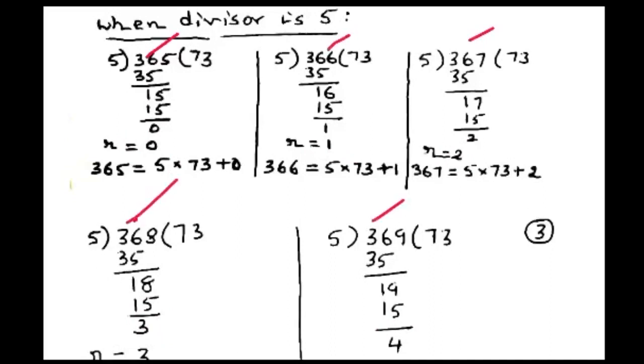When these numbers are divided by 5, we got remainders 0, 1, 2, 3, 4. If any number is divided by 5, then we get the remainder 0 or 1 or 2 or 3 or 4 only.